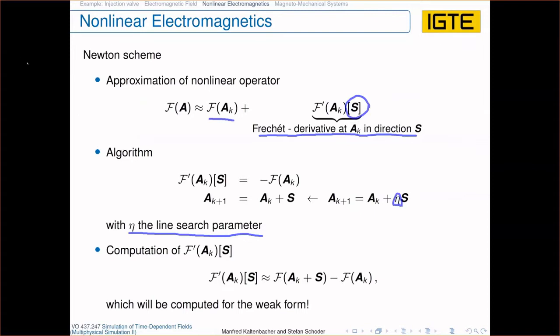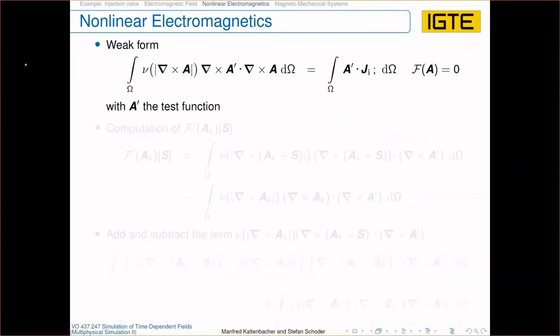So let's have a look at this. As you know, the weak form, as discussed last time, is written down here. And now this weak form, which we have here, is our nonlinear operator, which has to be equal to 0.